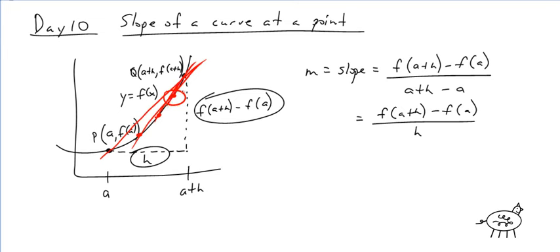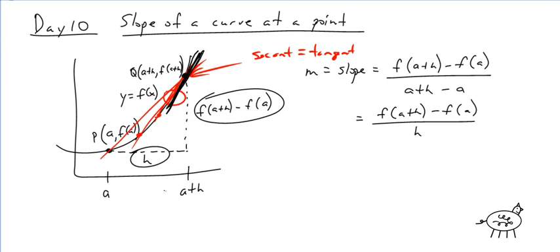As we get closer and closer to Q, the secant line becomes pretty much the same as the tangent line. If it's the tangent line of that curve, we're actually at that point. So once we get this tangent line, that's the slope of that curve at that point.